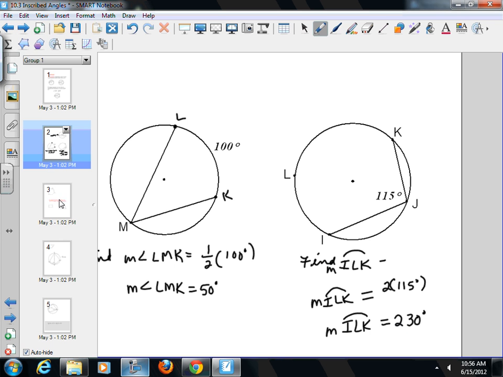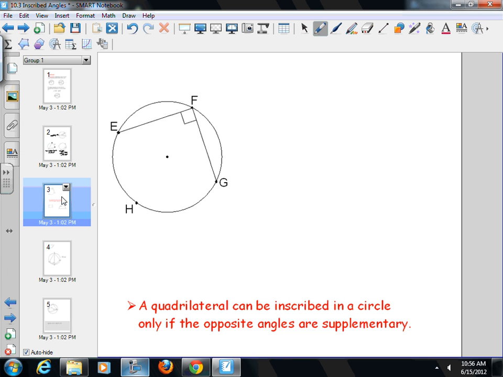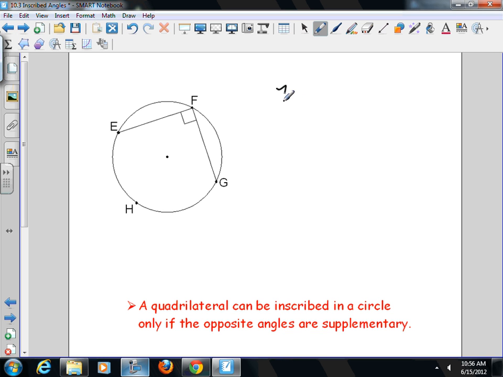Let's move on. Let's say that we are given this figure here, and we want to find the measure of arc EHG. Well, we see this is a right angle here at angle EFG. So that's 90 degrees.